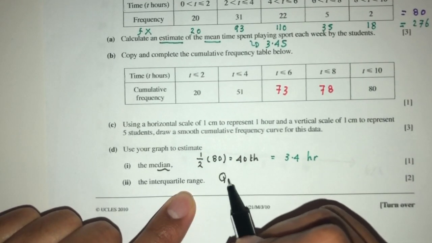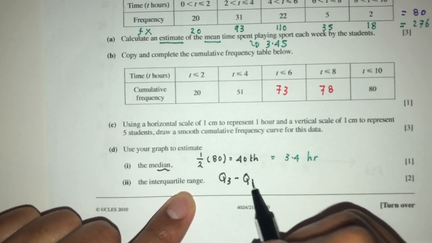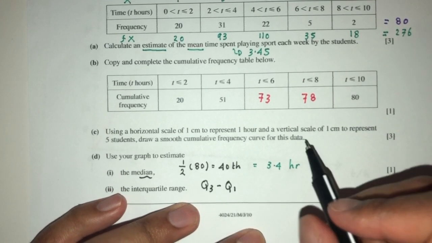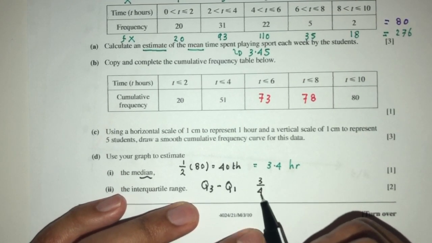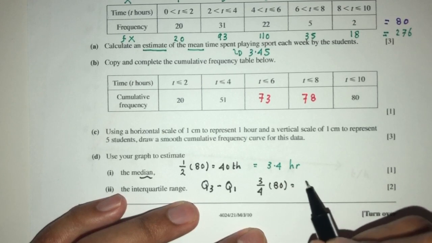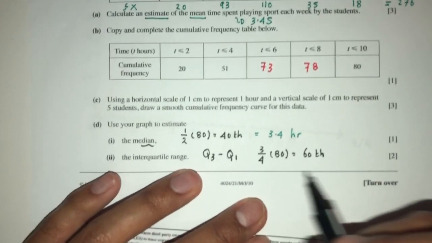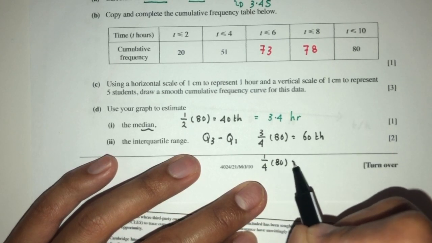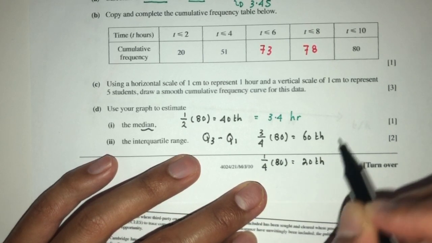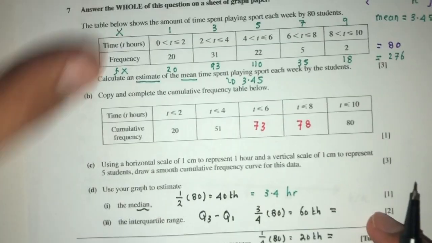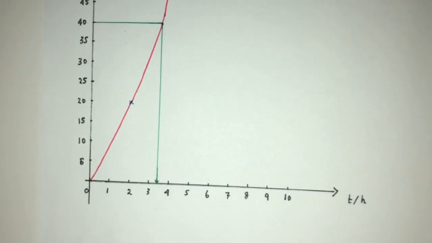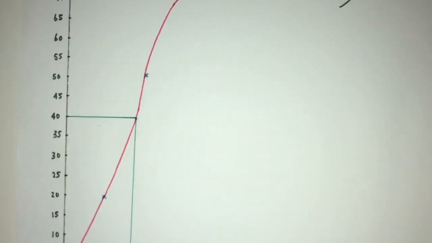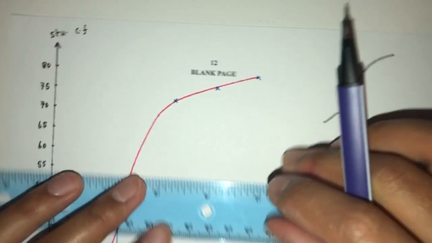Now here we have to find the interquartile range, which is Q3 minus Q1. So Q3 is the upper quartile, which is 3/4 of 80, 60th element. And lower quartile will be 1/4 of 80, that will be the 20th element. So let's find those corresponding values. So first thing is 60th element, should be right here.